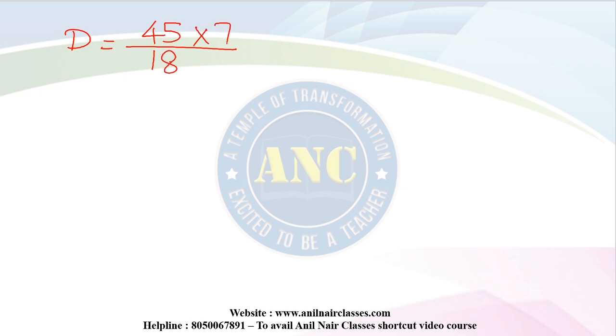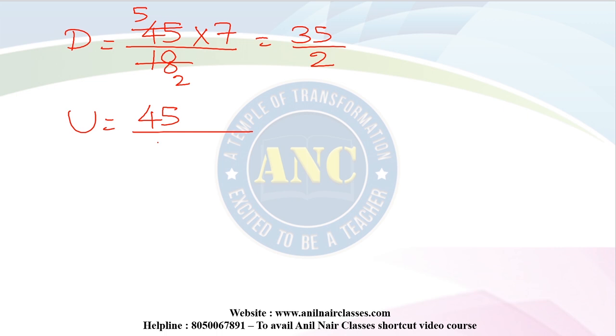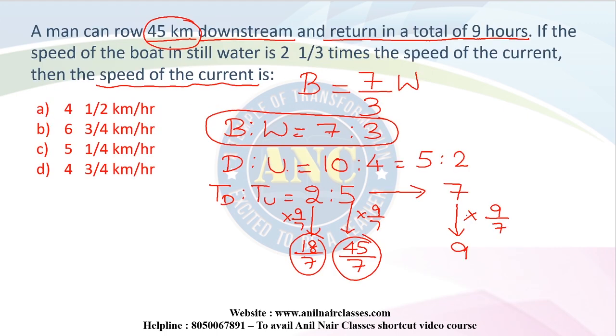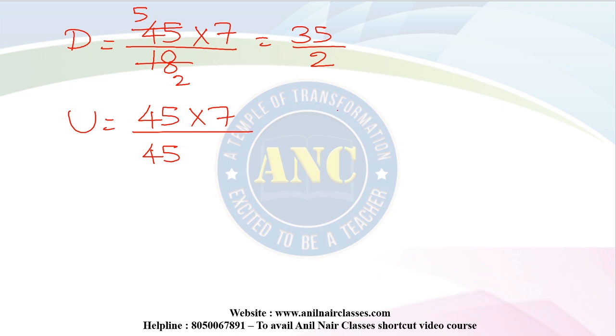The 7 will go above, so it is 9 into 5 over 9 into 2, which is 35 by 2, the downstream speed. For upstream, 45 is the distance and the upstream time is 45 by 7, which we calculated on the previous screen. If I simplify, this will be 7 kilometers per hour.